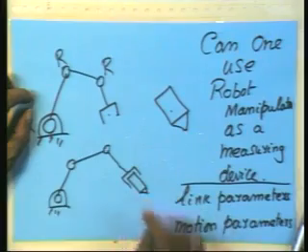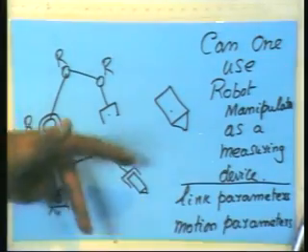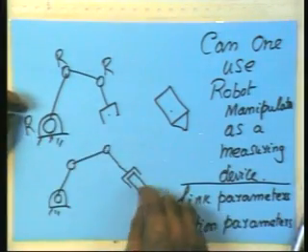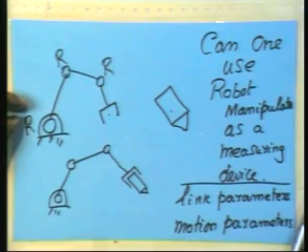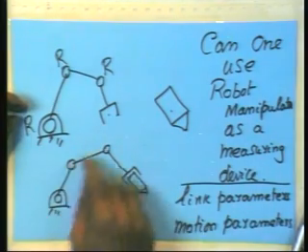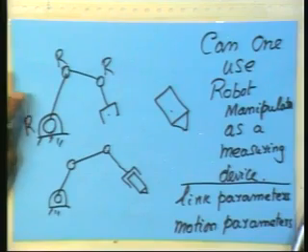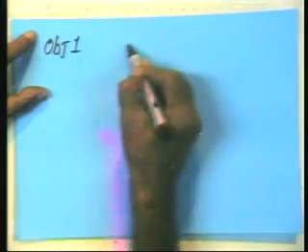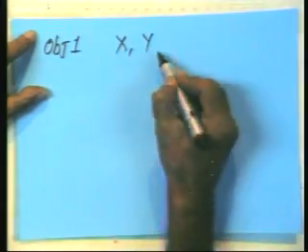So I can capture the information of all the objects on the table simply by using the robot as a measuring device, and I can say that for this particular object, this is where it is. I can write the XYZ coordinates, or I can simply write these three angles. Correct? I need not do anything more. I can say that after the measurement is complete, I could write object 1: x, y, gamma.